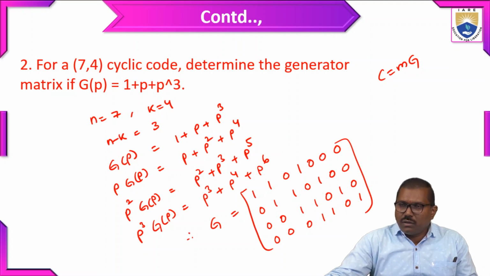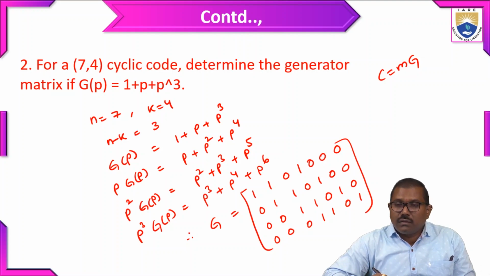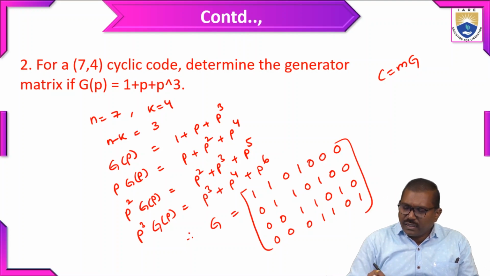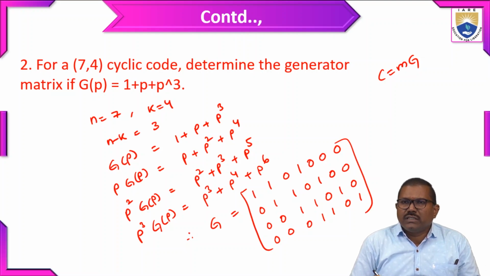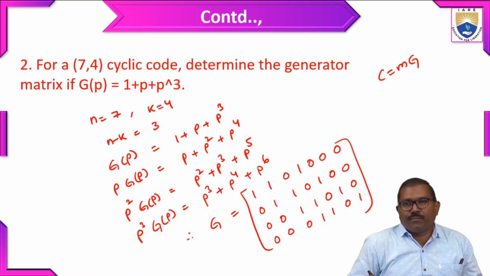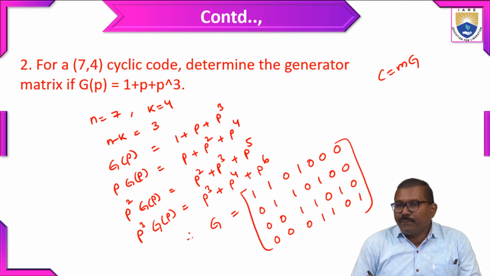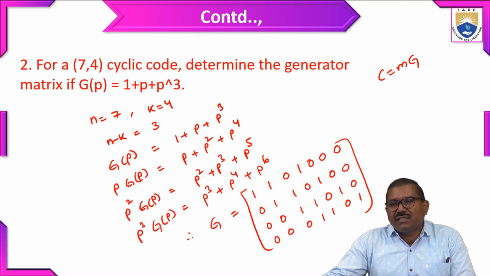Okay. Now here, after getting this generator matrix G, can you observe any identity matrix there? No. So we can say this is a non-systematic generator matrix. Now we are going to convert this non-systematic generator matrix into systematic form. Then we can observe the identity matrix. Why? Already you know that G contains an identity matrix and a quotient matrix.